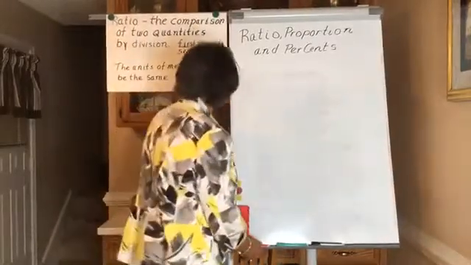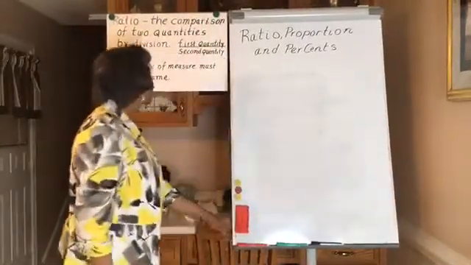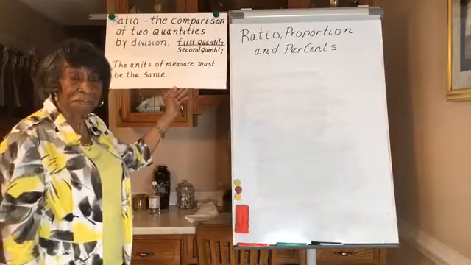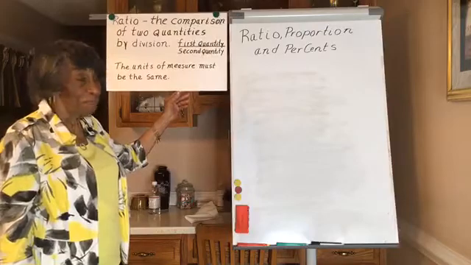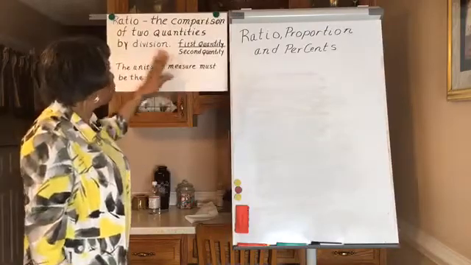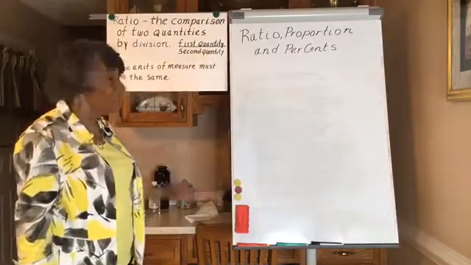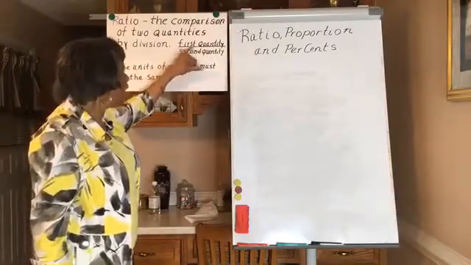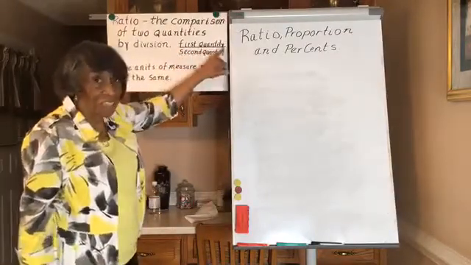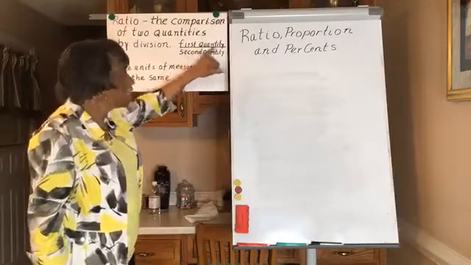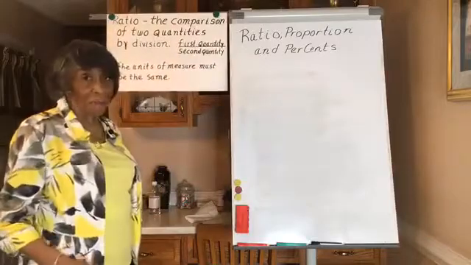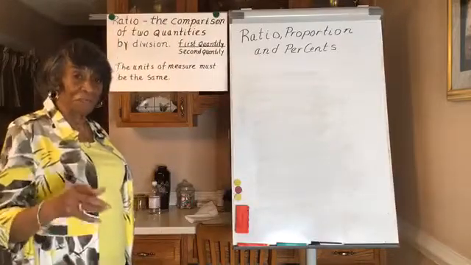Ratio is the comparison of two quantities by division. The comparison of two quantities by division. And we have the first quantity that's mentioned over the second quantity. And remember this dividing line, this is like a fraction, isn't it? This dividing line is not a line that just divides the numerator from the denominator, but it signifies division.